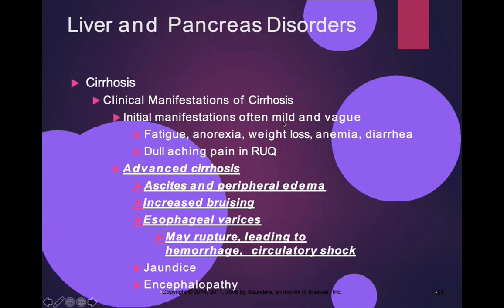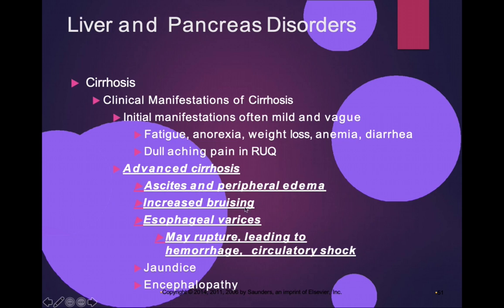Initially, the manifestations of cirrhosis are mild. They could be vague. It leads to fatigue, anorexia, weight loss, anemia, diarrhea, dull aching pain in that right upper quadrant. The right upper quadrant is where the liver is. When you get advanced cirrhosis, you get the ascites. You get the peripheral edema.